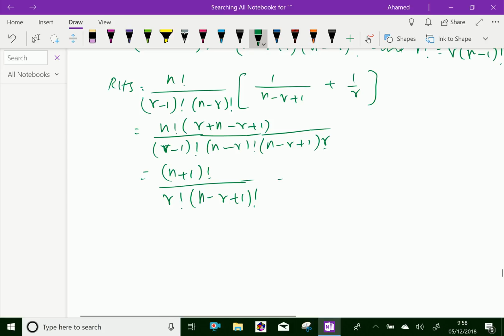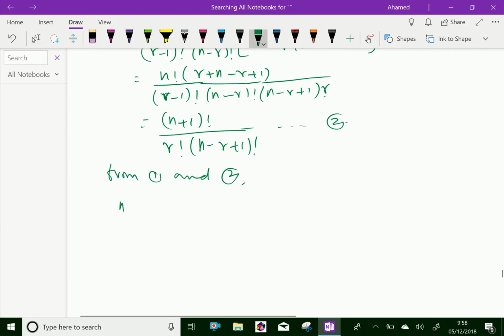Let it be 2. Hence from 1 and 2 we get nC(r minus 1) plus nCr equals (n plus 1)Cr, since we have r minus 1 factorial into r equal to r factorial.